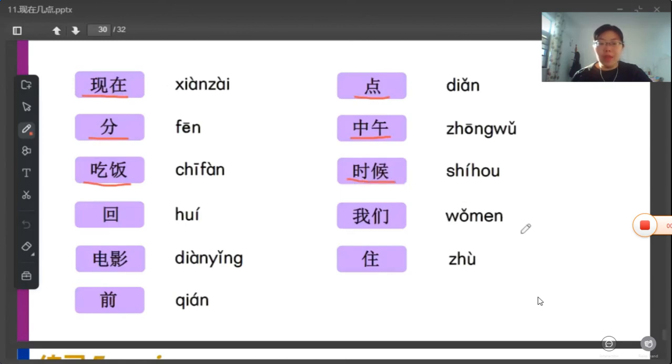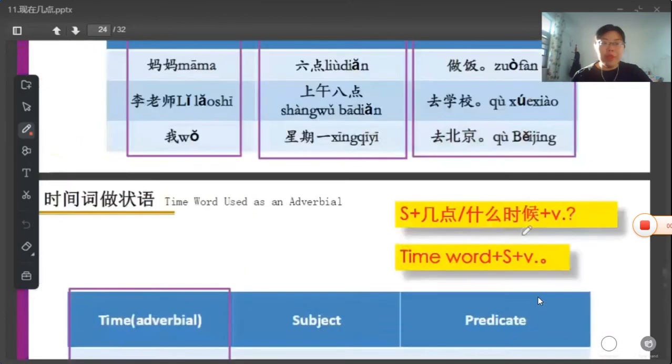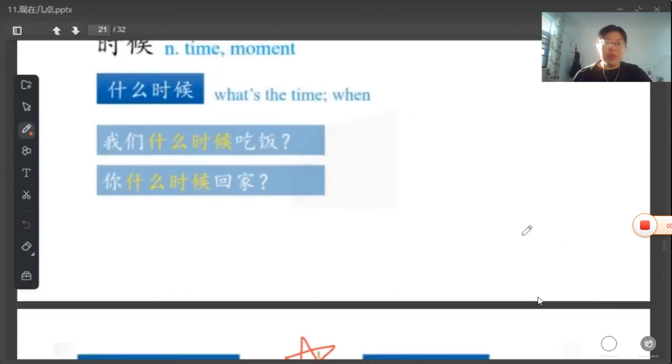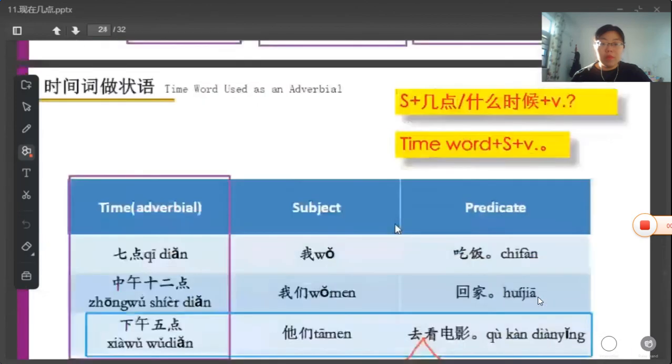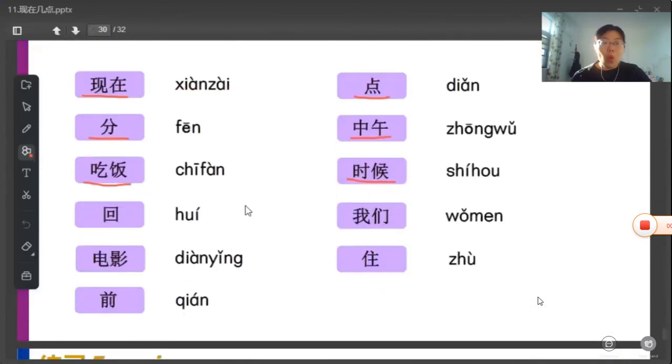Before we mentioned 时候, and it is very important: it means time or moment. 什么时候 asks for the time, what's the time, or when. 时候 is very important. Okay, let's go on.